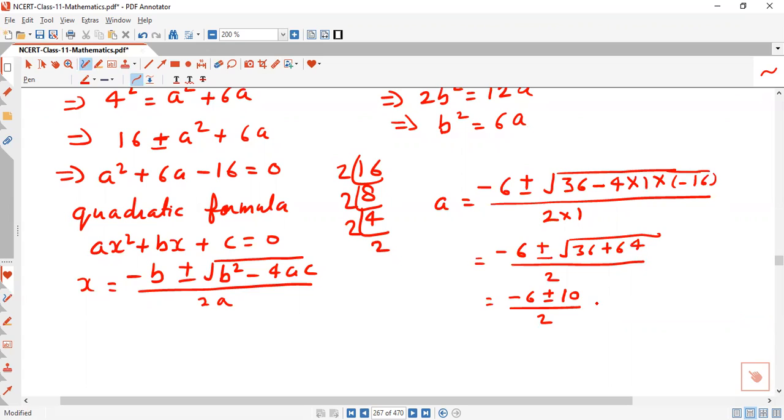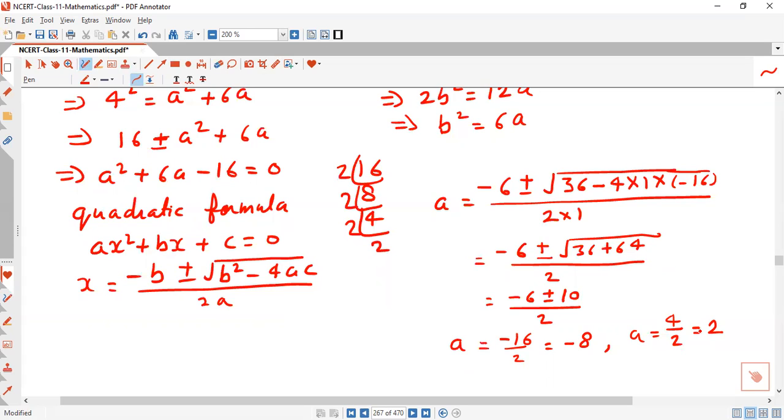So a has two values. One is, taking the minus sign, minus 16 by 2, that comes out minus 8. And the second value, a equal to 4 by 2, that comes out 2.